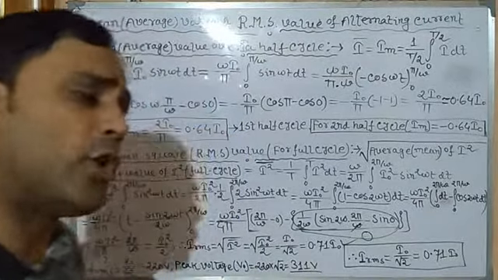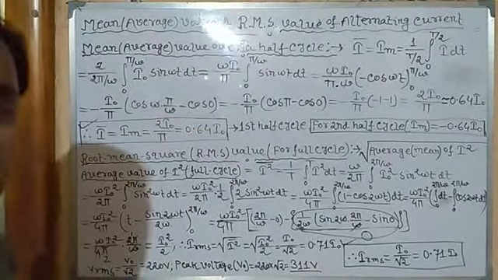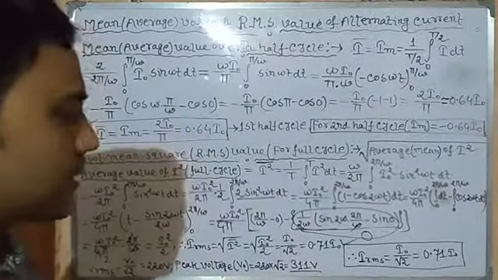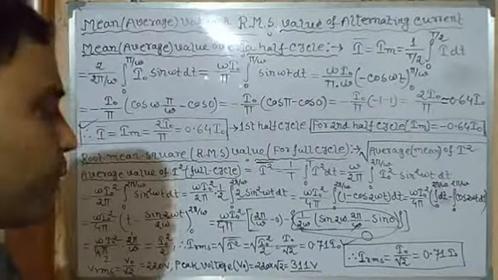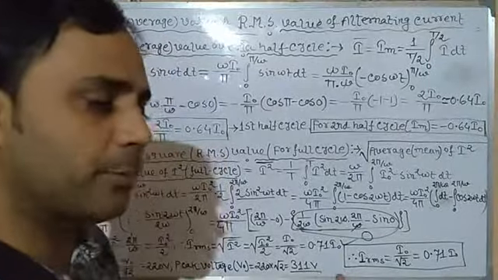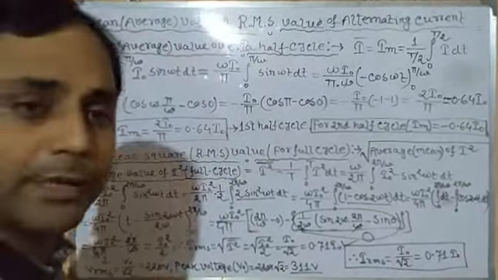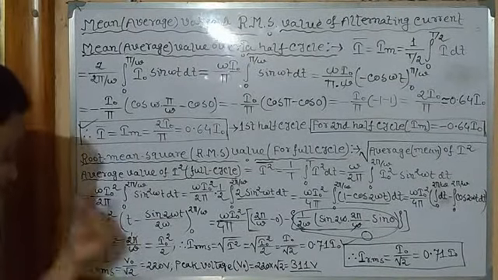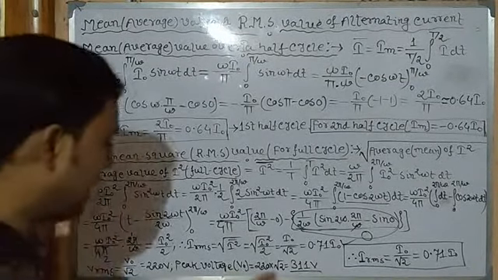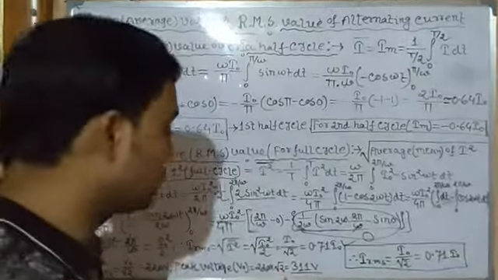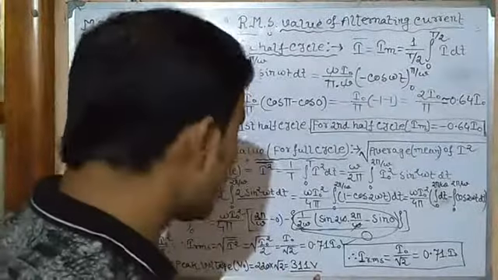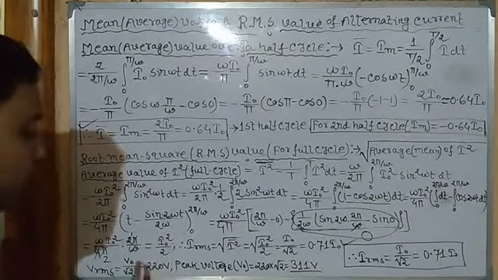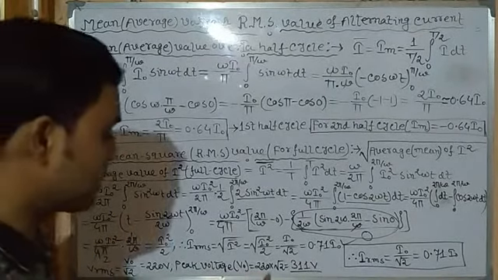Why? Now suppose the VDC is 220 volt. It has no separate peak value. The Vrms of DC and the peak value in case of DC are both the same, 220. It cannot be increased. But in case of AC voltage, Vrms is 220, but the peak voltage we get by multiplying with root 2 is 311 volt. So the AC voltage is 220 volt, but its peak value is slightly more than that.